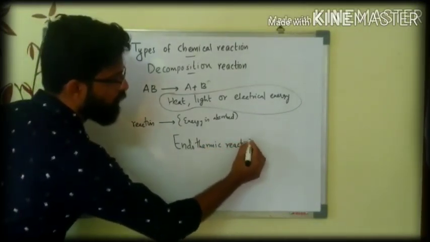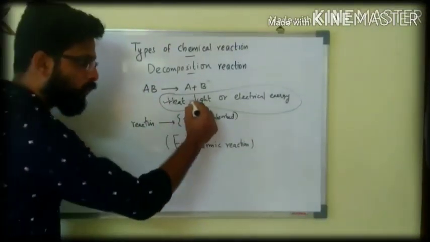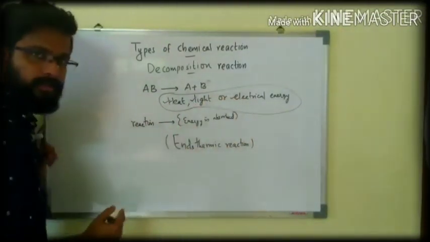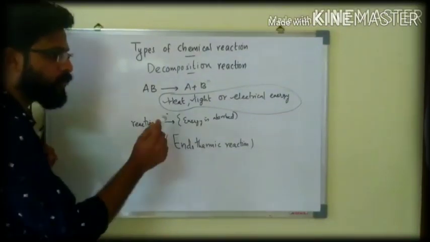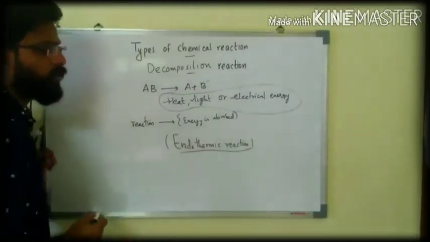What are the sources of energy that can be absorbed? Heat energy, light energy, or electric energy. When energy is absorbed in a reaction, it is said to be what type of reaction? It is an endothermic reaction.